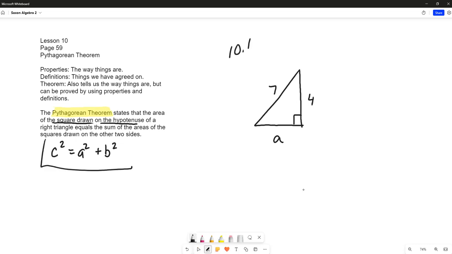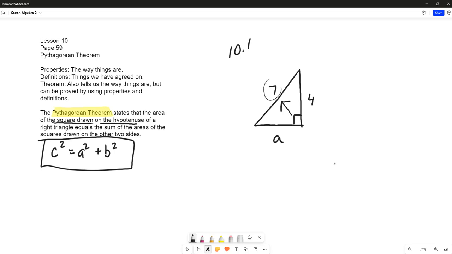The way this is written is c squared equals a squared plus b squared. Now, if you don't remember, the way you can find the hypotenuse of a right triangle is that it's the longest side of a right triangle, and it's the side that's directly across from the right angle. So it's opposite that right angle.